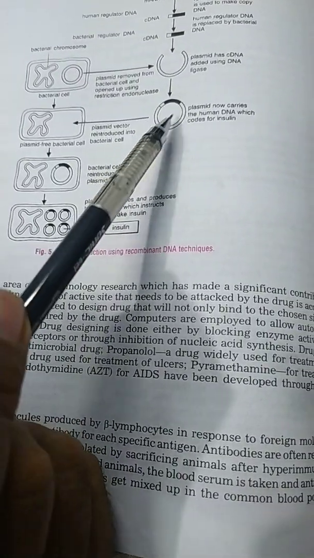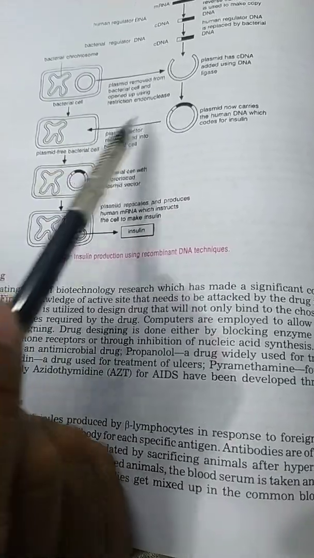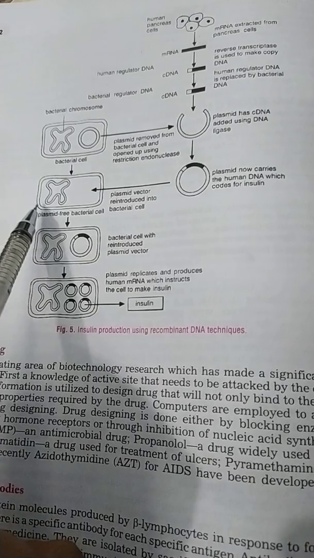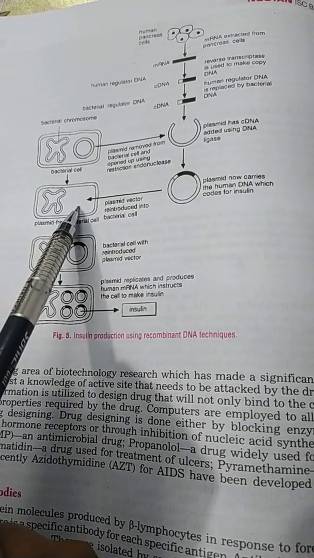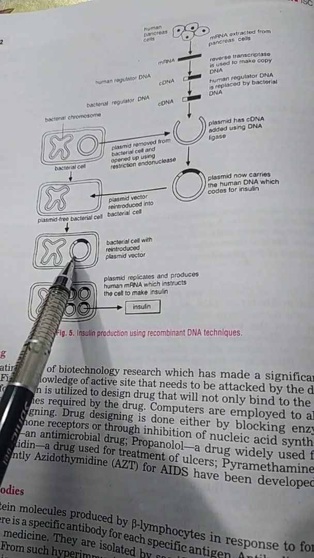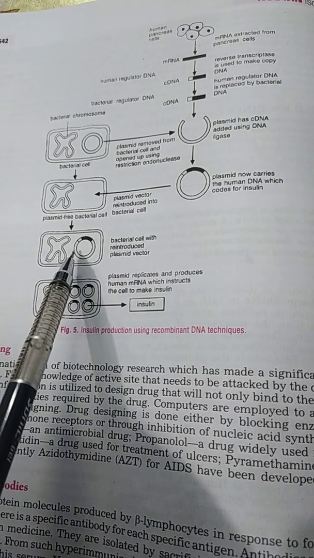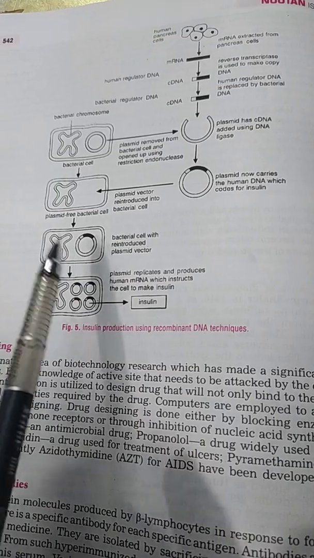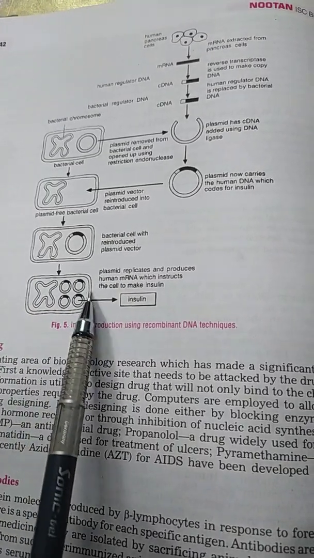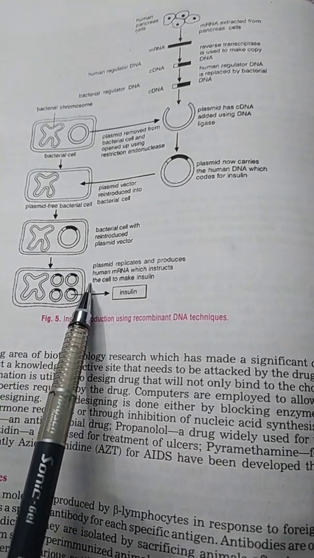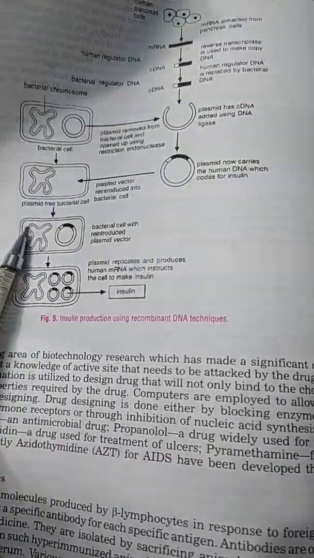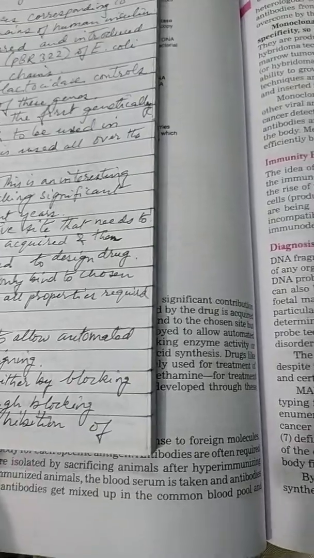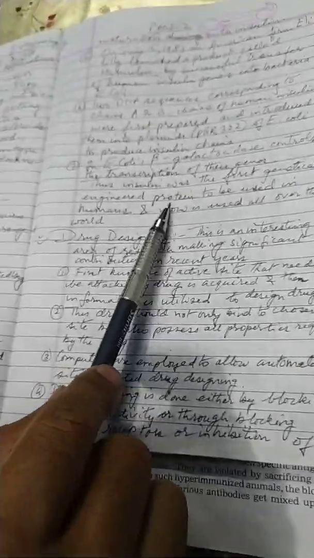Then this plasmid vector was reintroduced back into the E. coli bacterial cell. The E. coli cell with this new plasmid vector began to multiply, and so we get multiple clones of insulin. That is how so much insulin can be produced for treating humans.